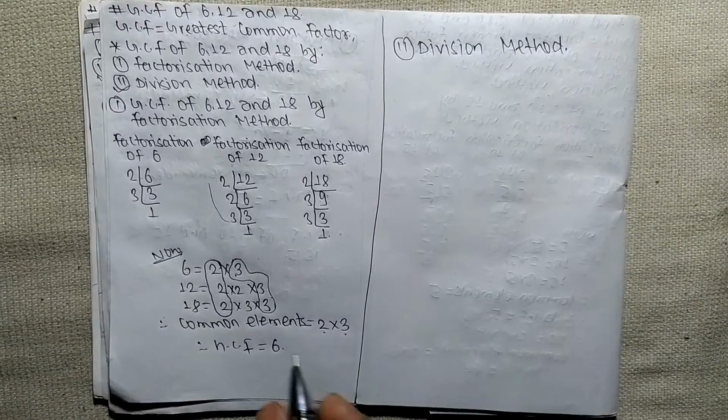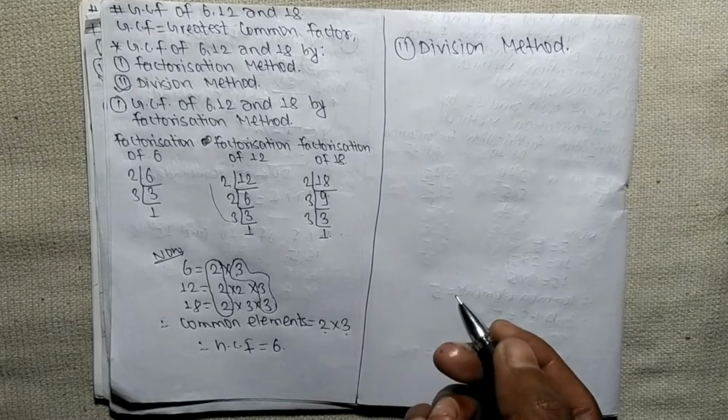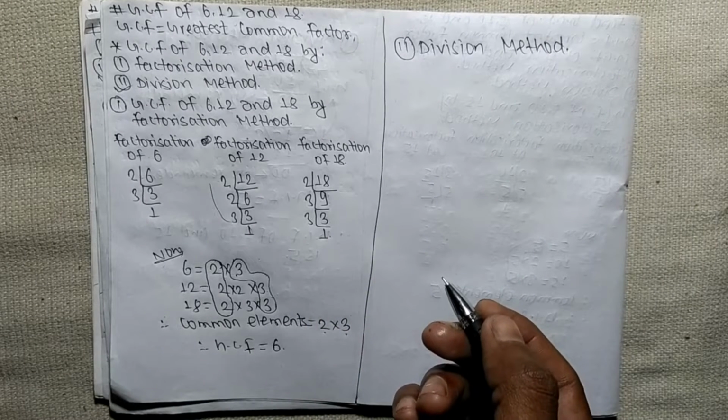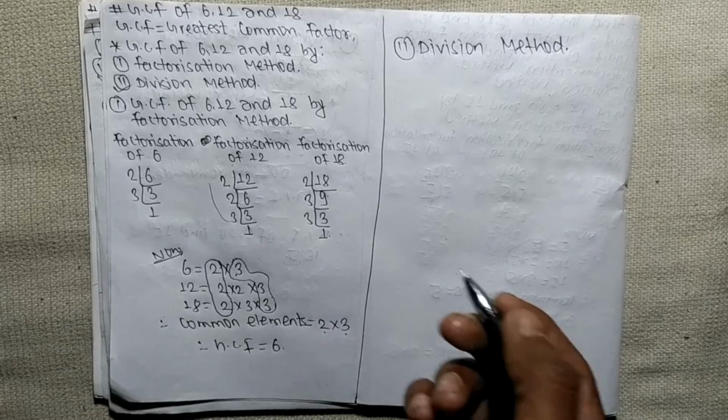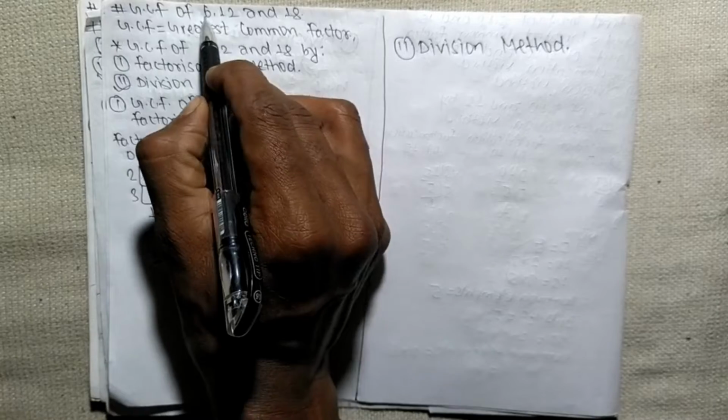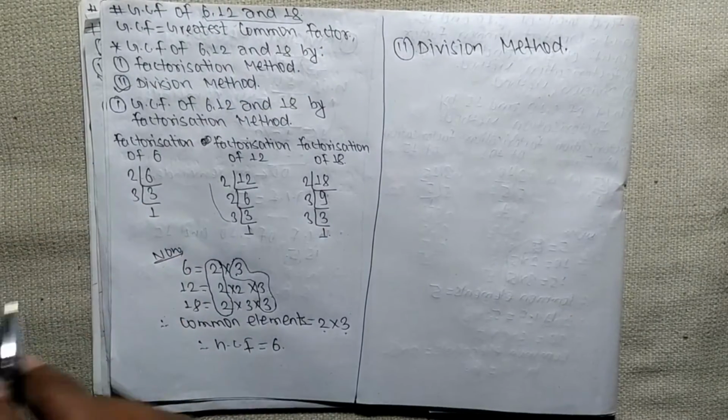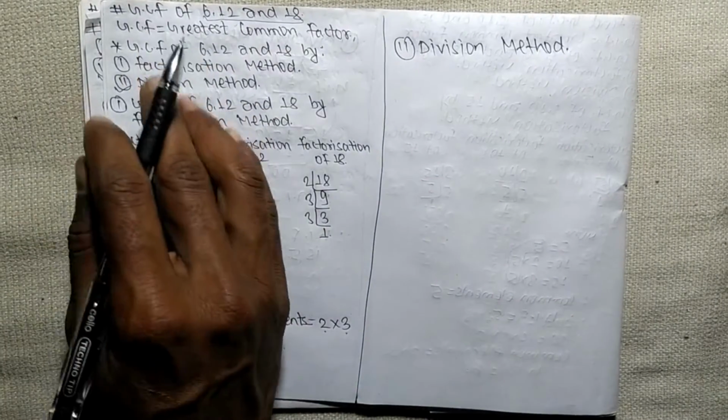So now we find GCF by division method. While finding GCF by division method, you have to divide the greater number by the lower number. Here numbers are 6, 12 and 18. First of all we take any two numbers.